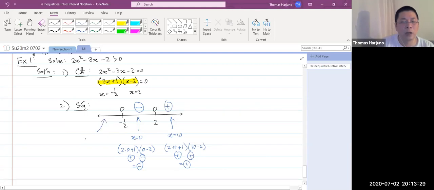So on here, when x is, let's say, negative 10. 2 times negative 10 plus 1 times negative 10 minus 2. This is negative 19, that's negative, times negative 12, that's also negative. The product is positive. Boom. Now then, step 3, solution.